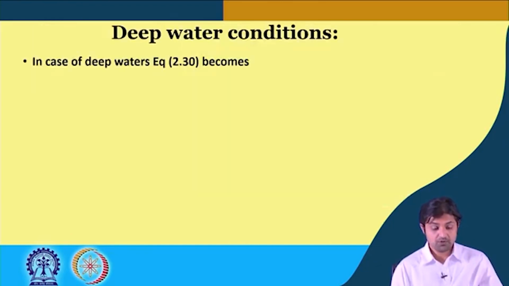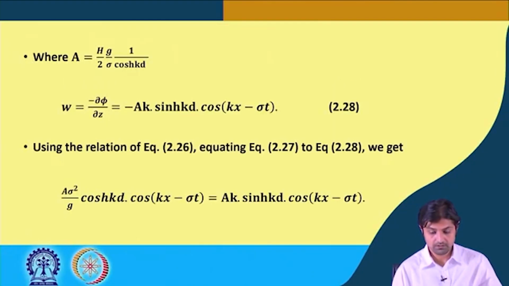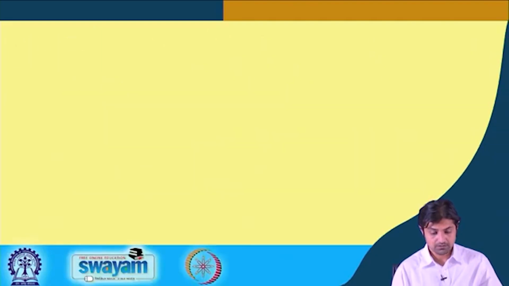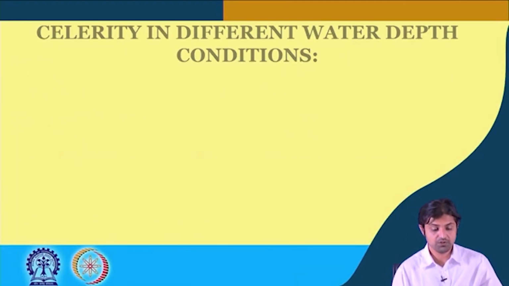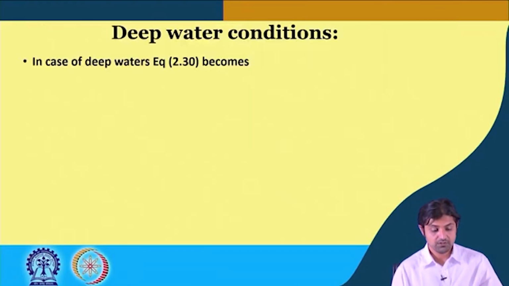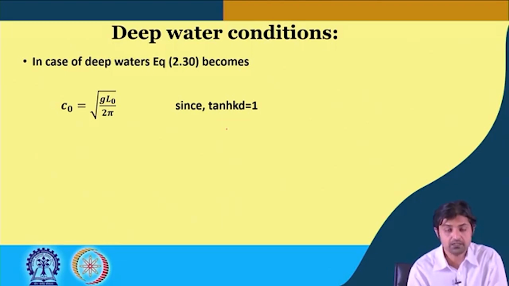Let us say the deep water condition. In case of deep water, equation 2.30. So, what was equation number 2.30? Equation 2.30 was C squared is equal to g by k tanh kd. Now, since tanh kd is equal to 1, C naught will become under root g L naught by 2 pi.